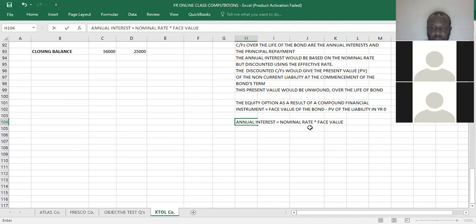So that's equal to 5% of how much? 5% times 50,000, Abi? Yes, times 50,000. Okay. So that's equal to 5% multiplied by 50,000. So that's 2,500.